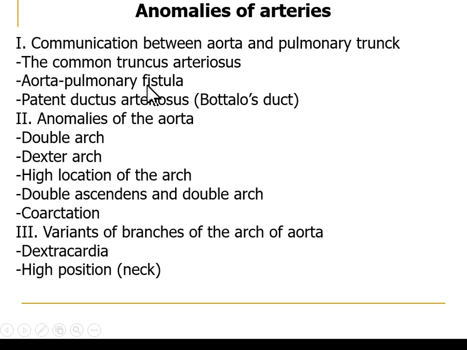Aortopulmonary fistula: a connection between the aorta and pulmonary trunk. Patent ductus arteriosus: a connection between the pulmonary trunk and descending aorta, Botallo's duct.